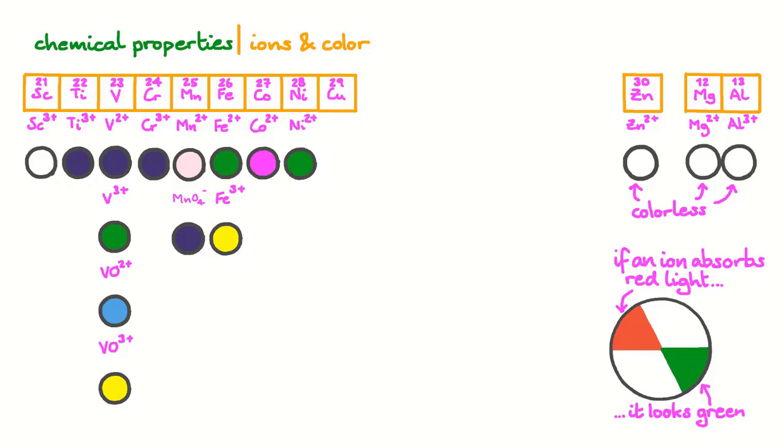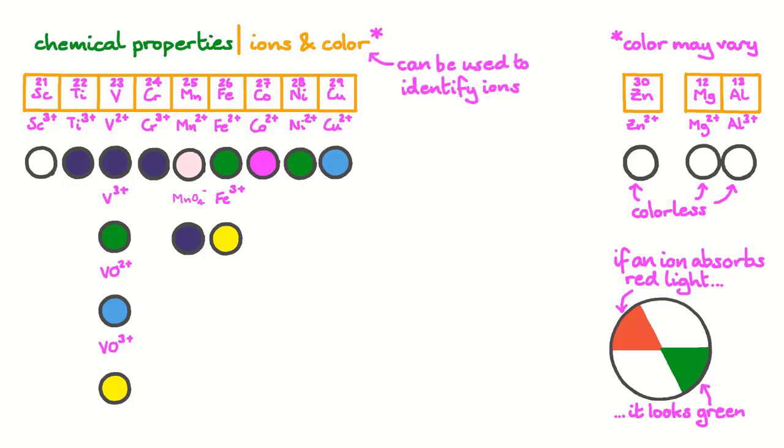Meanwhile, solutions of nickel 2+ are green, and solutions of copper 2+ are generally blue. These colours are not exact. The counterion and the environment, the temperature and so forth can affect the colour of a transition element ion solution. However, in certain controlled environments, the colour can be so distinctive we can use it to identify the ion.